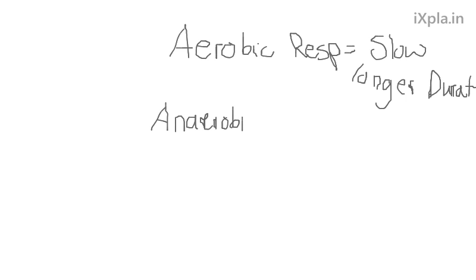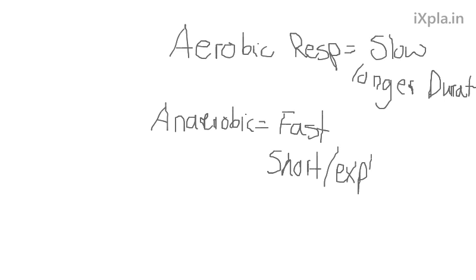Anaerobic gives you energy extremely fast. Just think of it as the fast energy system. It's short and explosive. So if the activity is short and explosive and needs energy extremely fast right away, it's anaerobic. That would be sprinting, jumping, throwing, gymnastics, whatever.